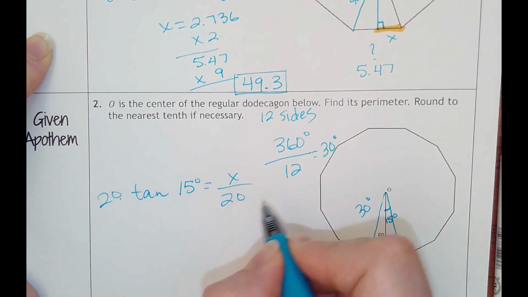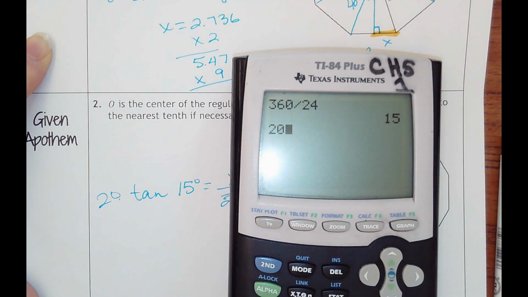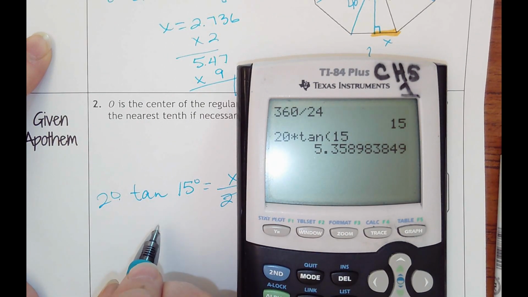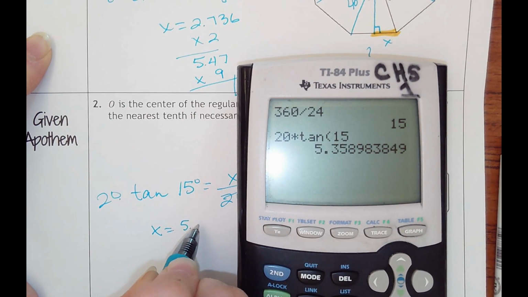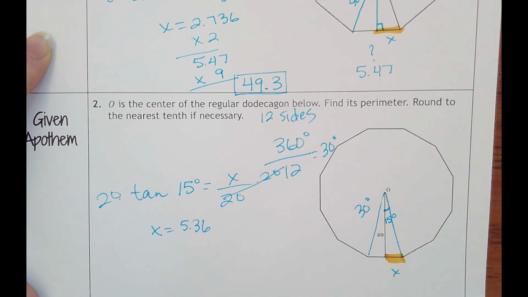Multiply by 20. And that would be about 5.36. Okay, and I'm still finding perimeter.